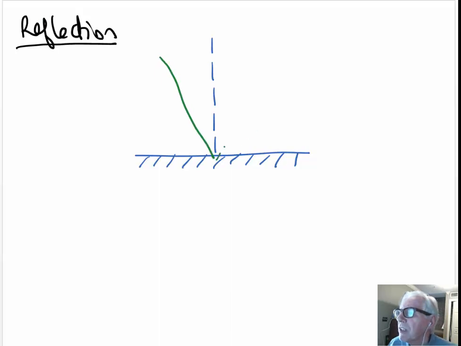You should be using a ruler for this. In lab class, you would actually be tracing this off your experiment. But we measured that this was 40 degrees, and we found that was 40 degrees. This is incident, and this is reflected.